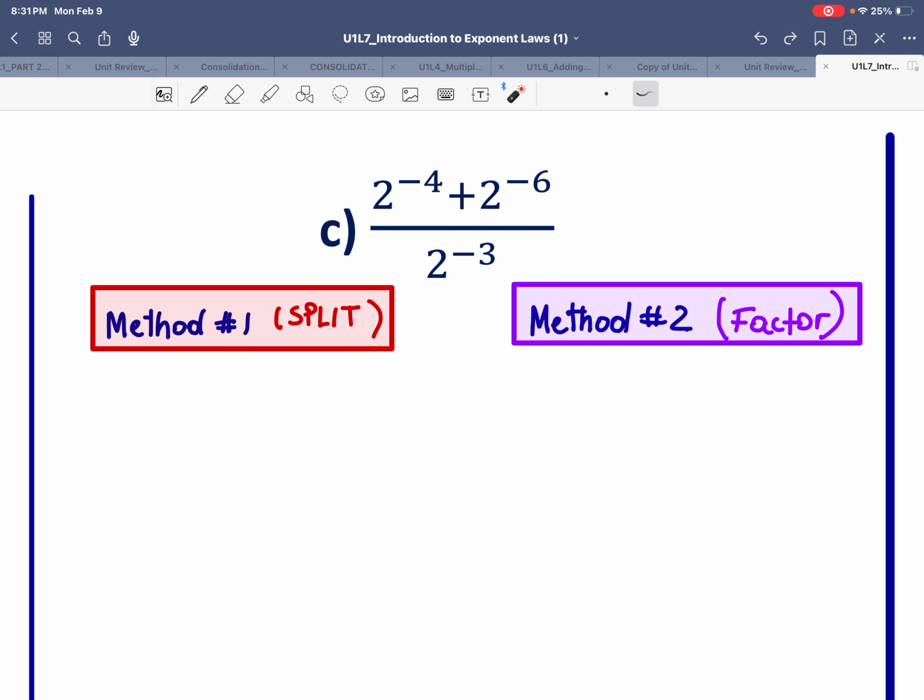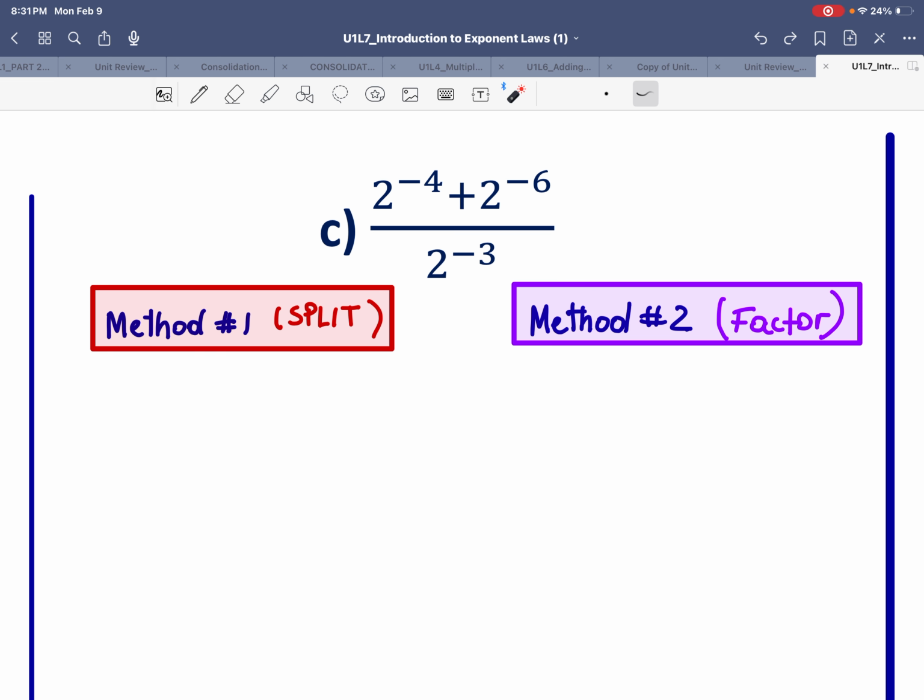And what is the split method? Well, remember that if you have, for example, 1 over 3, and then you add 5 over 3 to it, this would be equal to 1 plus 5 over 3. Similarly, if you have 1 plus 5 over 3, you can split this into 1 over 3 plus 5 over 3. I call this a split of this fraction.